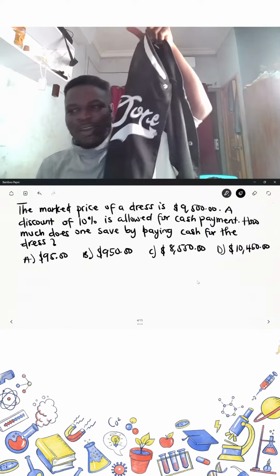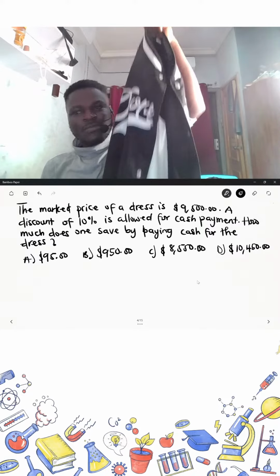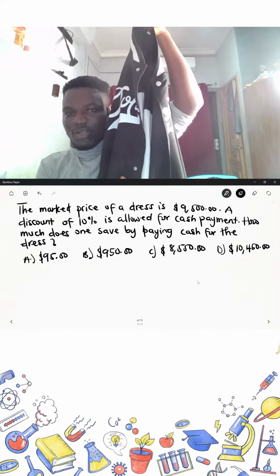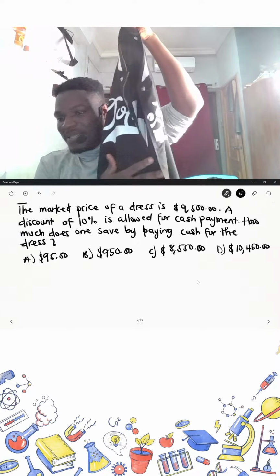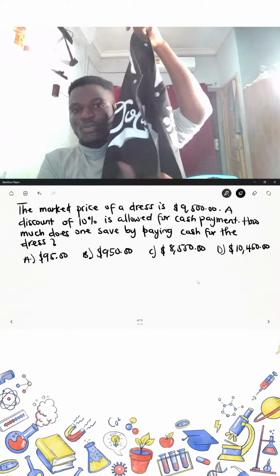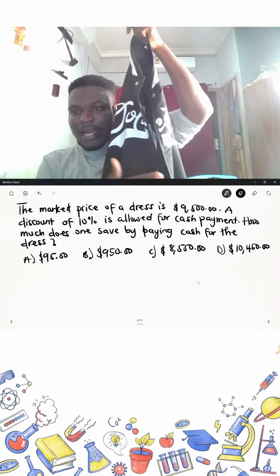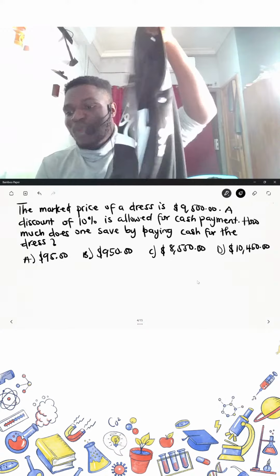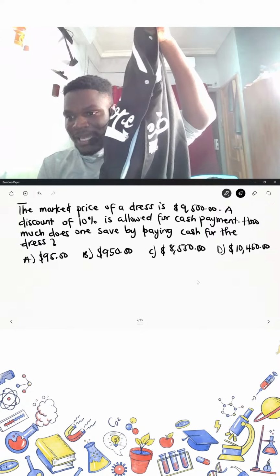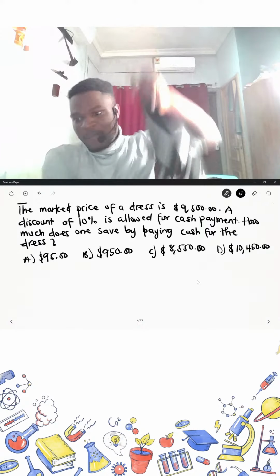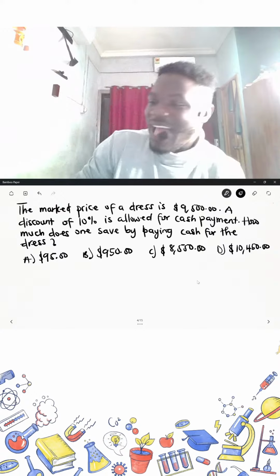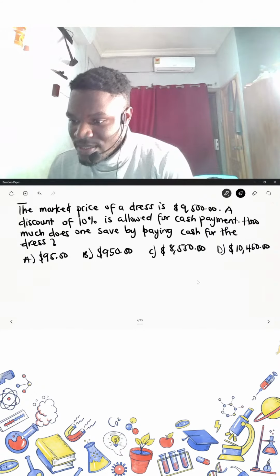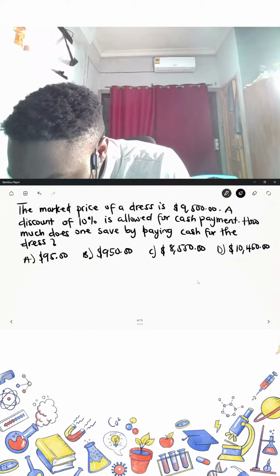Someone is saying option B. All right, so just to explain the question more, let's say I want to buy this shirt, and it's $9,500, and I've been given 10% discount on this. What will be my answer, or how much will I pay if I buy this shirt, and how much will I save by buying the dress for cash? Someone is saying option B, which is $950. Let's see if the person is correct. So the name is Cheyenne.